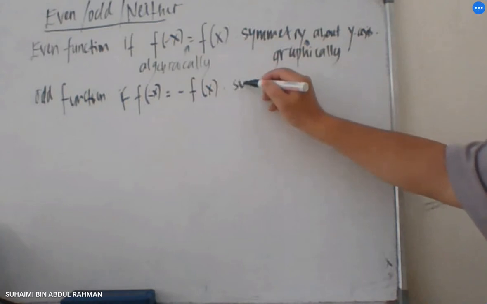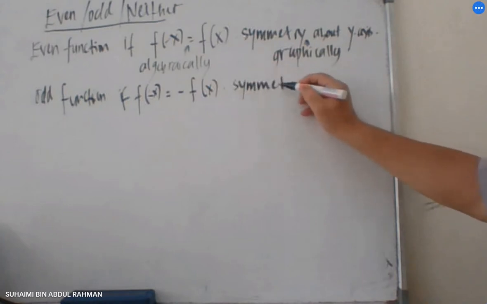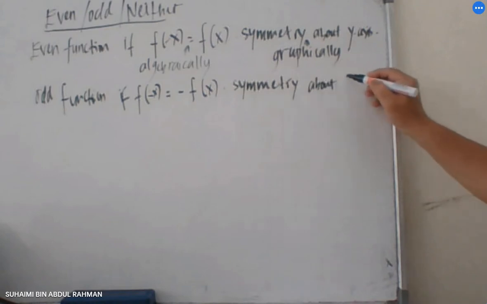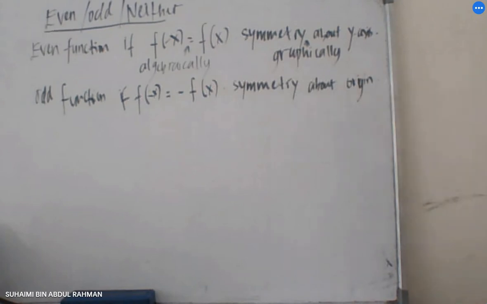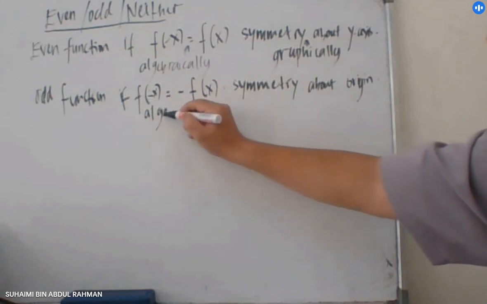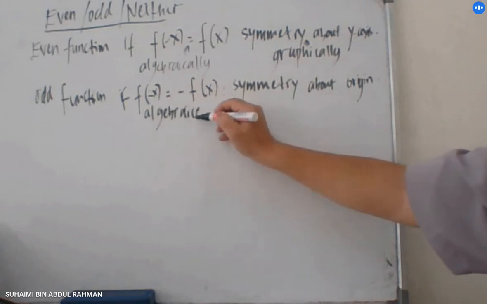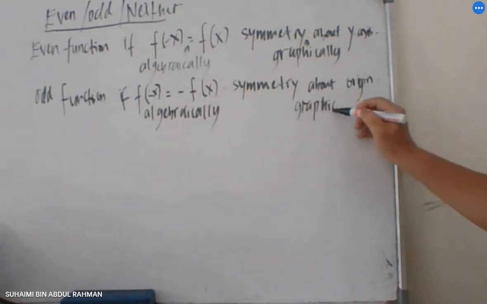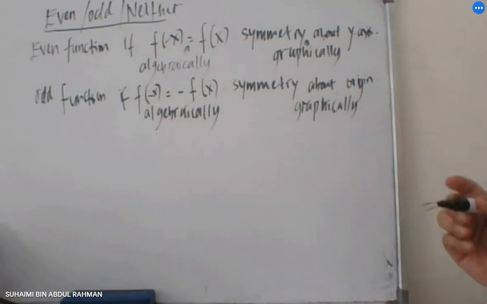And its symmetry about the origin. Again, this is when we test algebraically, and this is when we test graphically.